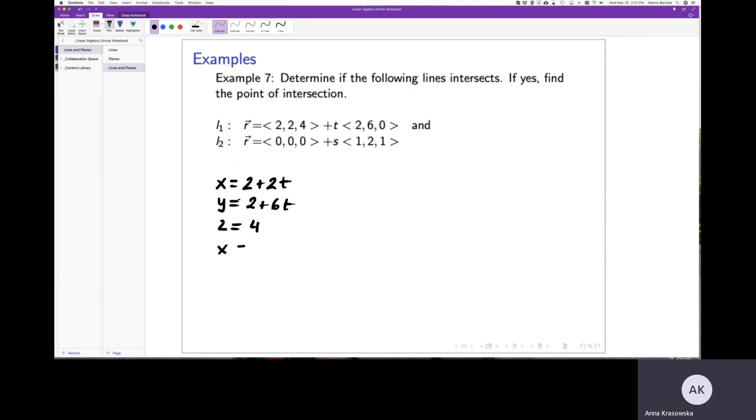And another line: x is 0 plus s, y is equal to 0 plus 2s, z is equal to 0 plus s. And we have to solve those equations simultaneously.